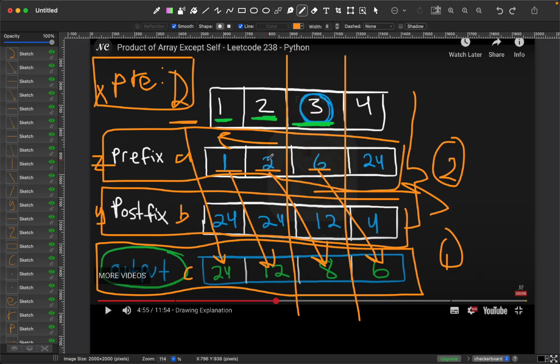Our 2 is stored here, and 2 is stored to the array C, which is over here. So there will be a 2 over here, a 1 over here, a 1 over here, right? Similarly, 2 times 3 gives us 6, so store a 6 as being placed over here as well.